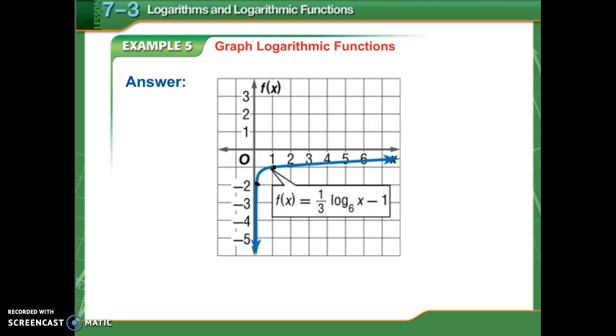And we would have had a point at 6, 1. But our graph is shifted down, and since it's compressed, our next point is over here. Connecting these 3 points, we form our graph that goes out in this direction.